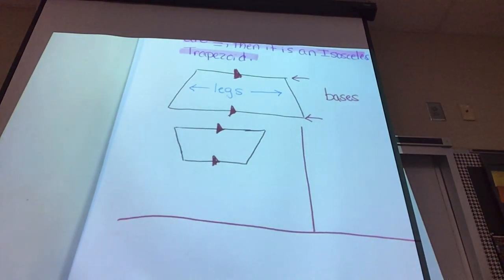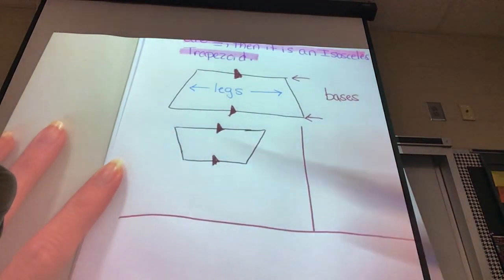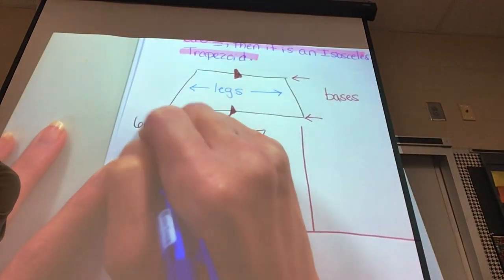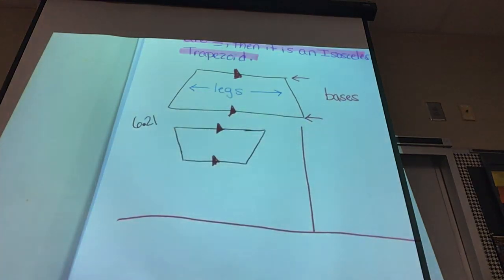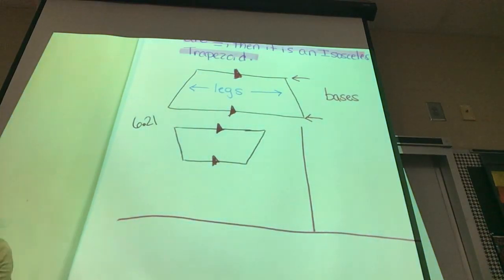Now, this one is labeled as 6.21. Remember, we keep getting these. Really doesn't mean anything. It's just the way it's labeled. It says if a trapezoid is isosceles, then each pair of base angles is congruent.